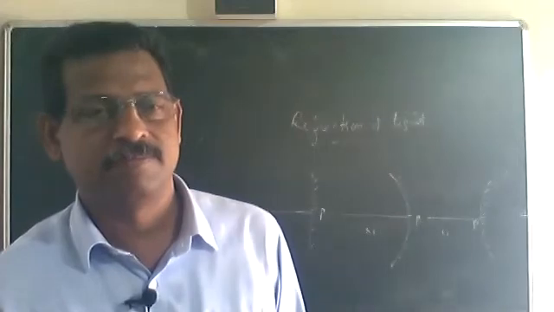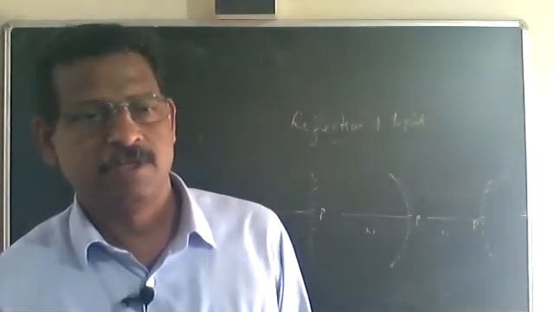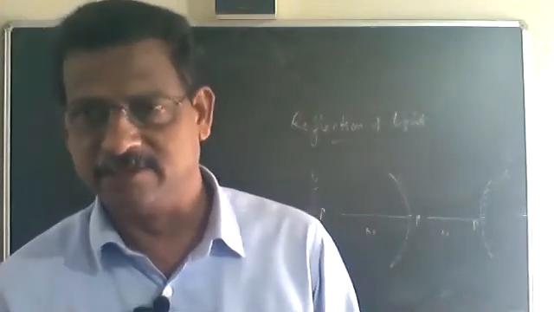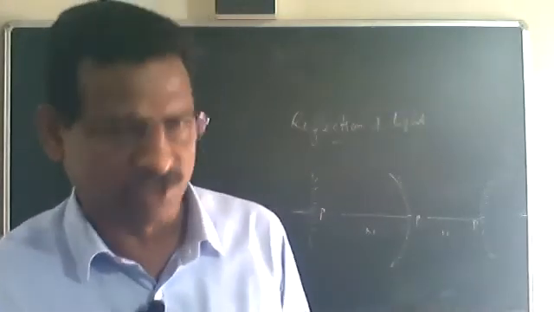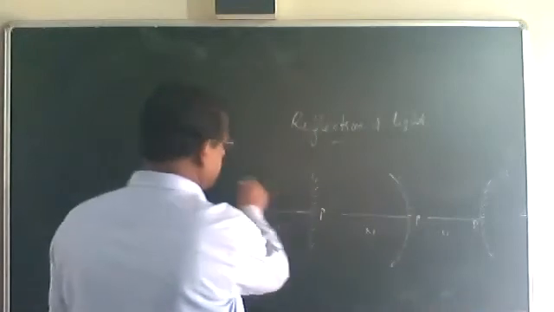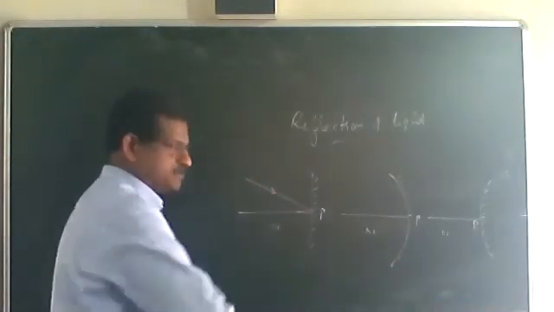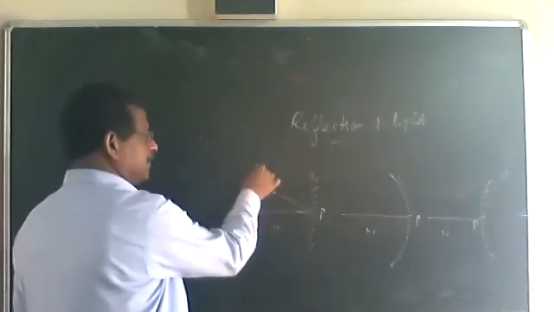The normal I have made there. Suppose a ray of light is reaching the point P at an angle. Usually we call it oblique incidence. Okay, it's a plane mirror. This is the incident ray. It is called the incident ray.